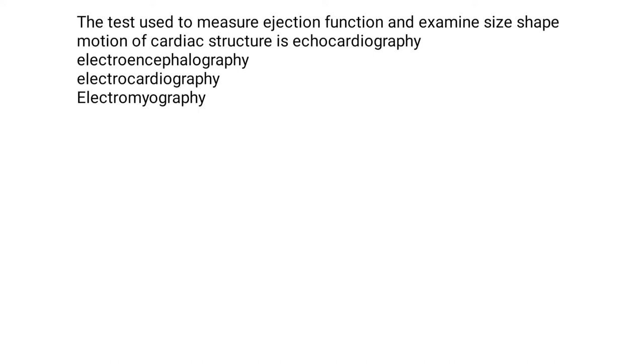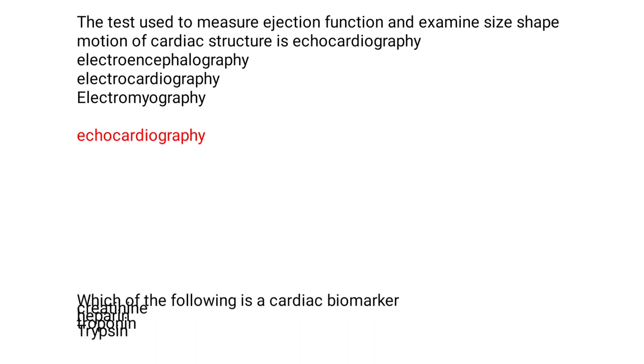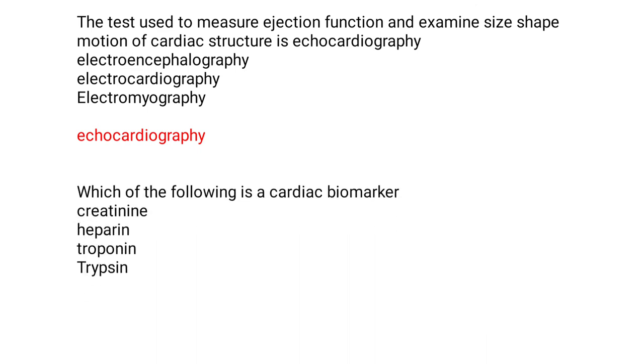Next one. The test used to measure ejection fraction and examine size, shape, motion of cardiac structure is option A echocardiography, option B electroencephalography, option C electrocardiography and option D electromyography. And the answer is echocardiography. Next question.